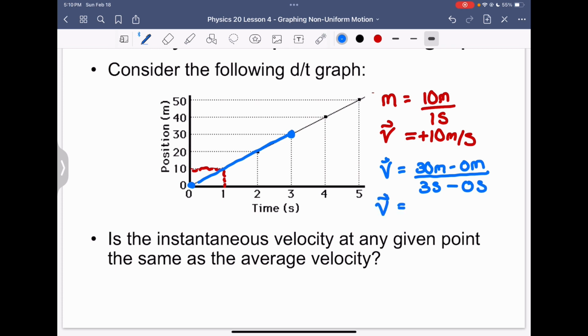Therefore, I get a velocity equal to 30 meters divided by 3 seconds, which gives me positive 10 meters per second. So there we go. We've proved right away that the instantaneous velocity of 10 is equal to the average velocity on any sort of interval. So yes, this is true. So is it the same? Yes.